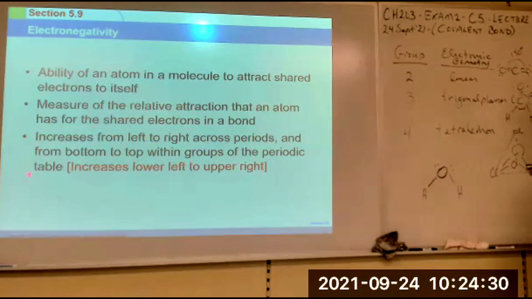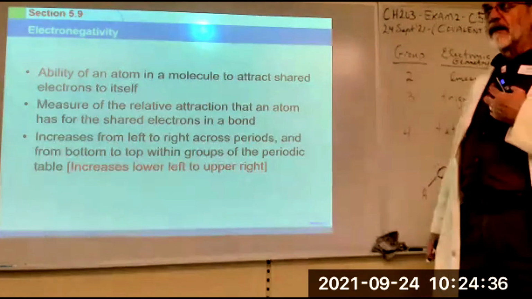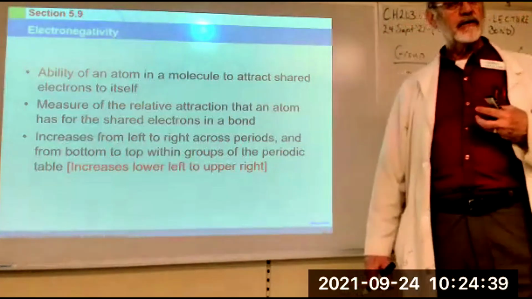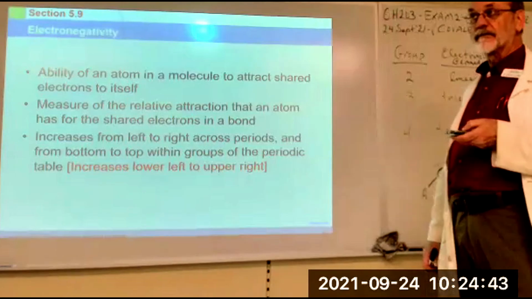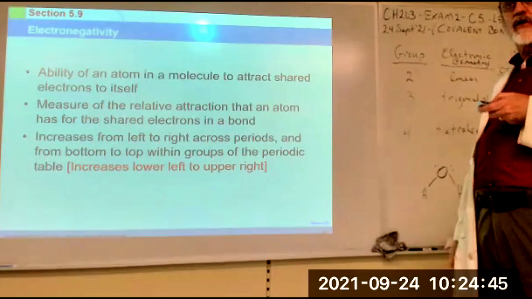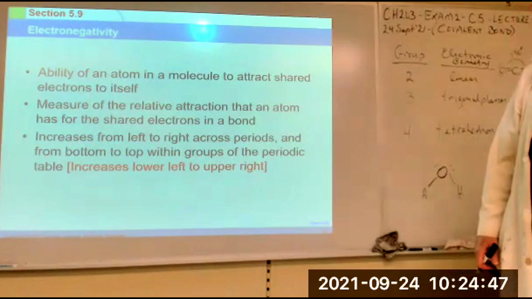And this tells you the relationship, lower left to upper right in the periodic table. So what we're doing is learning more ways to use the periodic table. It's arranged this way for a reason. Lower left to upper right means increasing electronegativity.